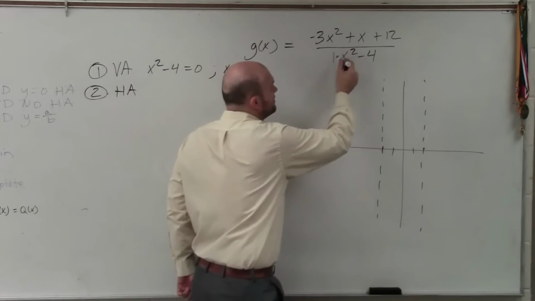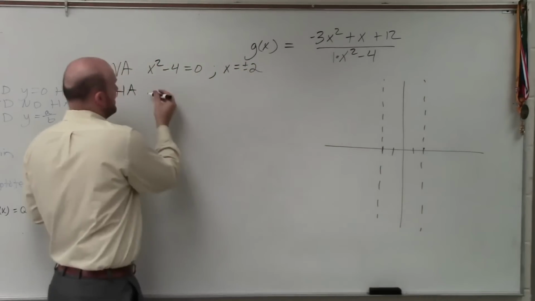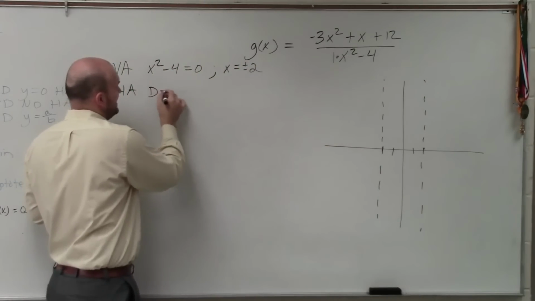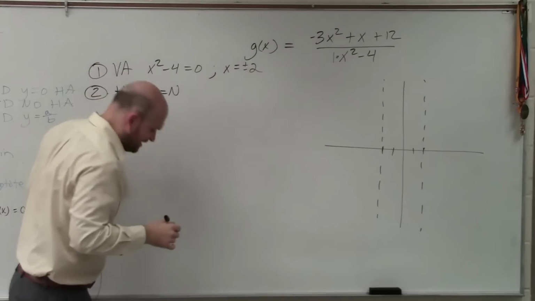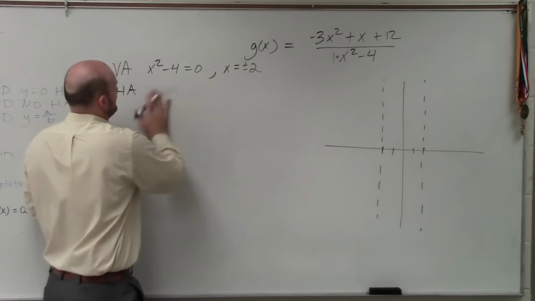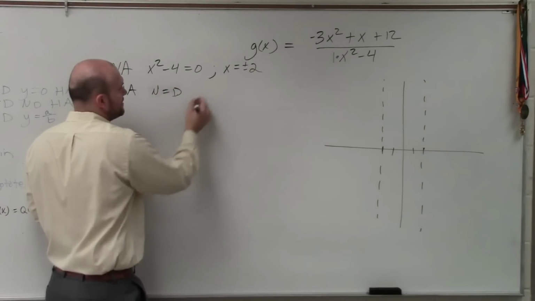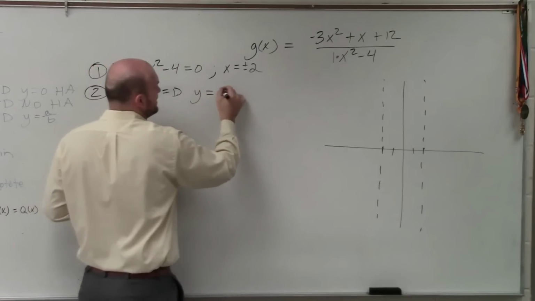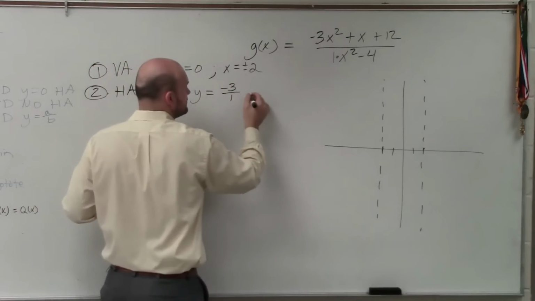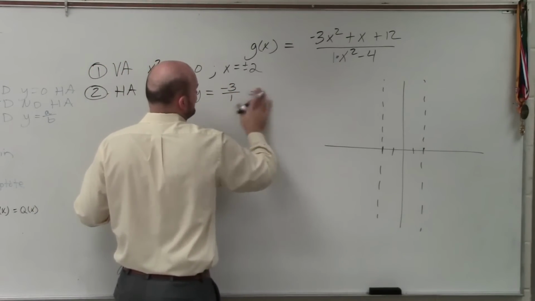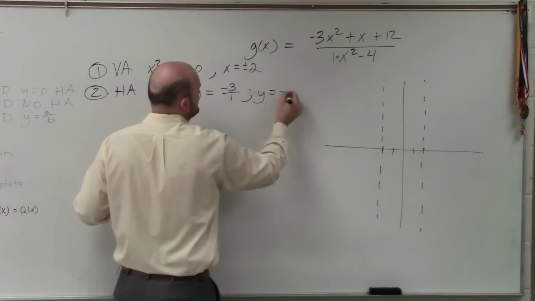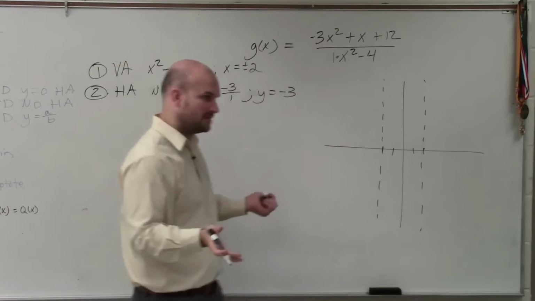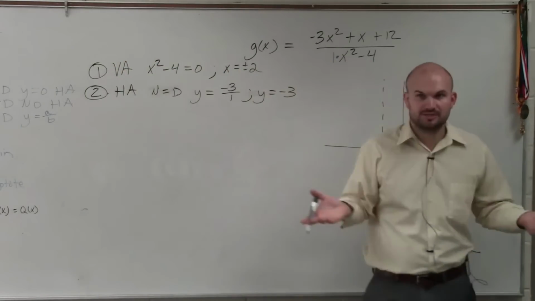The leading coefficient of my denominator is 1. So I could say d is equal to n: the degree in my denominator is equal to the degree in my numerator. Therefore, y equals -3 over 1, which is just y equals -3. Does everybody follow me? Anybody have any questions?